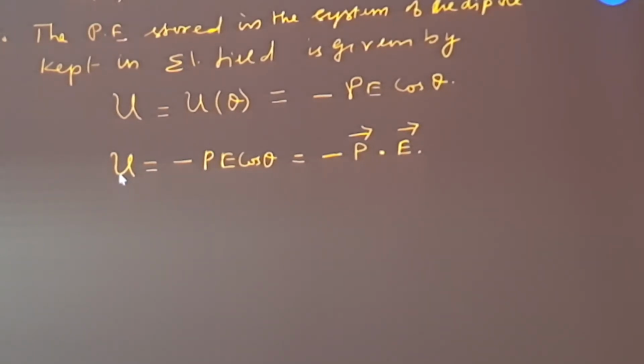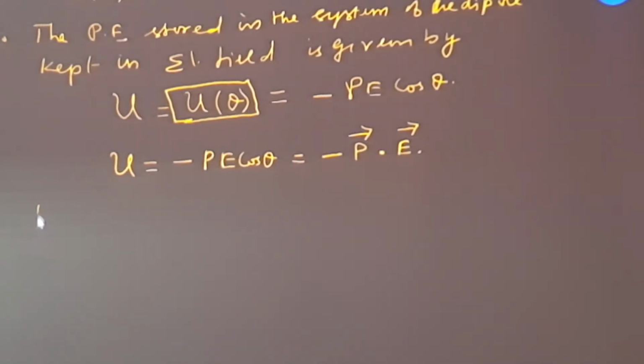So the potential energy of the system is equal to the final potential energy if initially the dipole is placed perpendicular to the electric lines of force, or the initial angular position is 90 degrees.